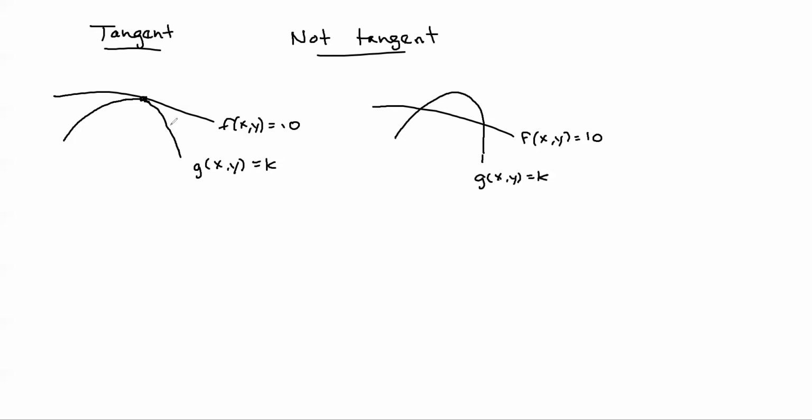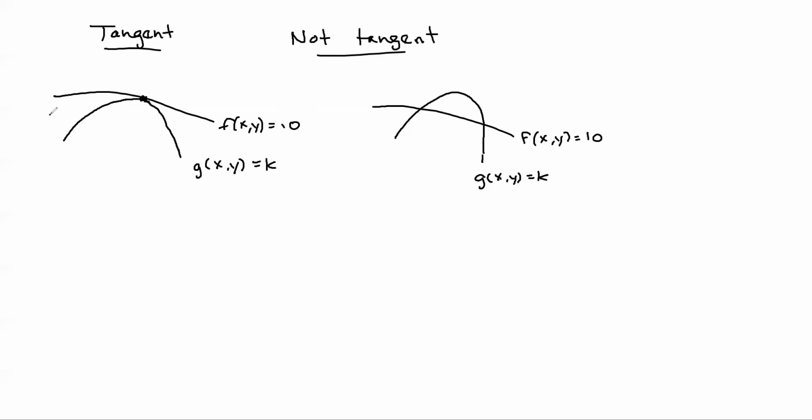All right. So one way to think about it is that if this is f of xy equals 10, typically level curves for functions are going to be parallel to each other to some degree, right? So if I were to draw a level curve for f of xy equals 9 or f of xy equals 11, what would those look like?